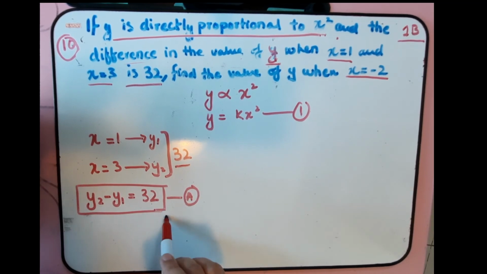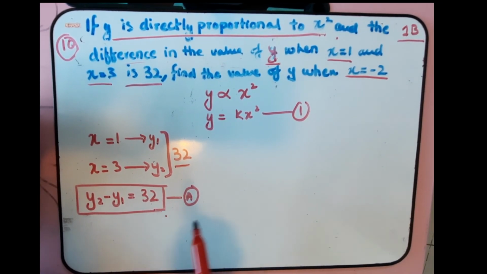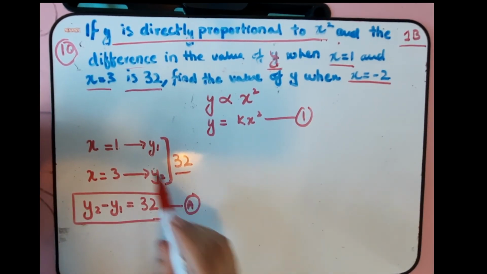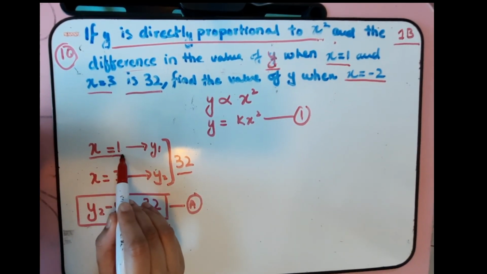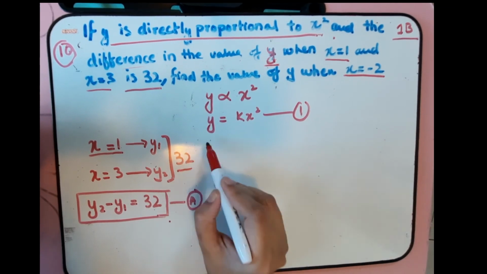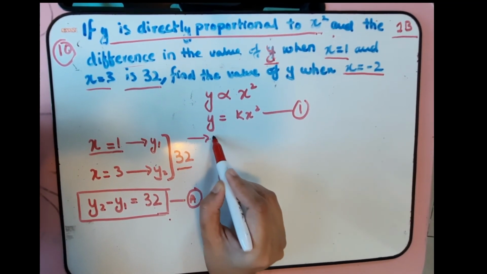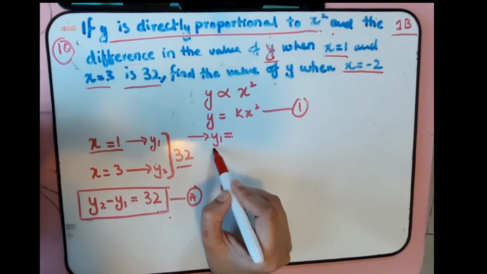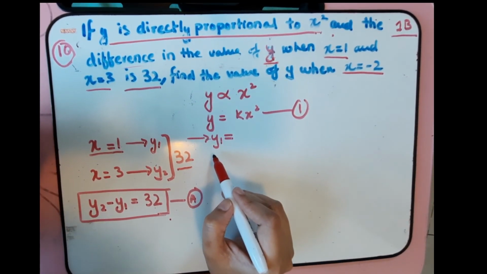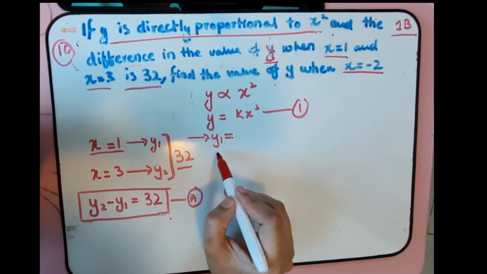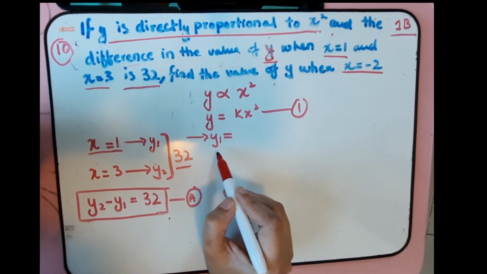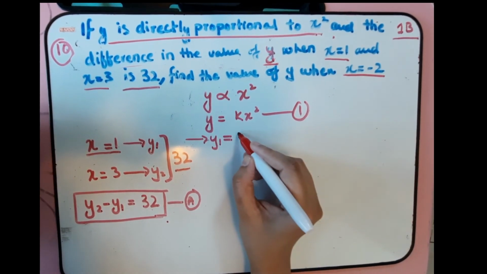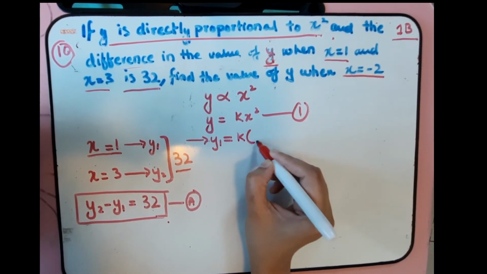We will use this difference and find the value of k. First, we will find the value of y1. Naturally, we don't know the value of k, so our value of y1 will be in terms of k.